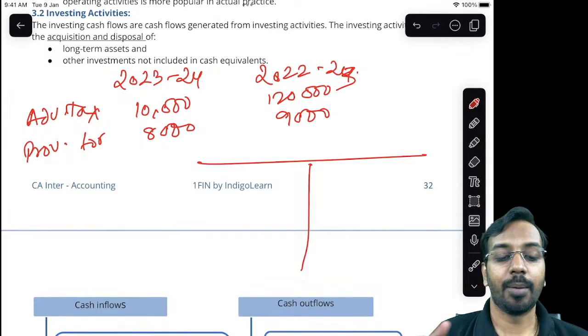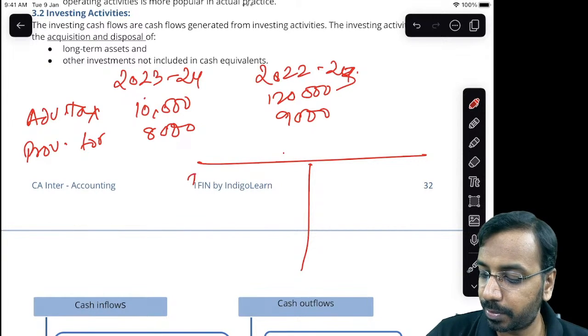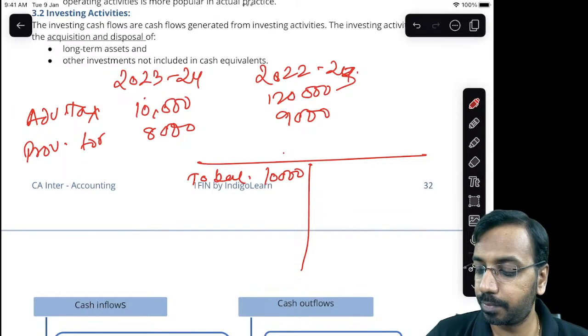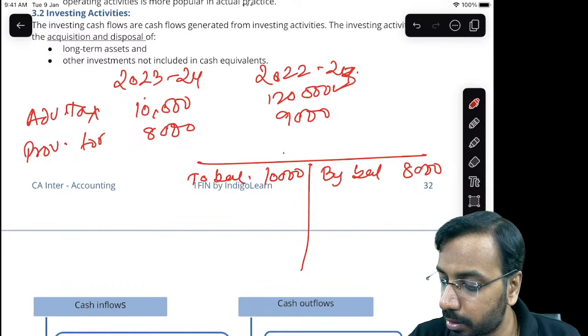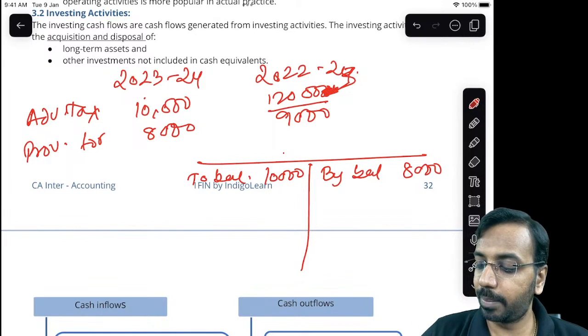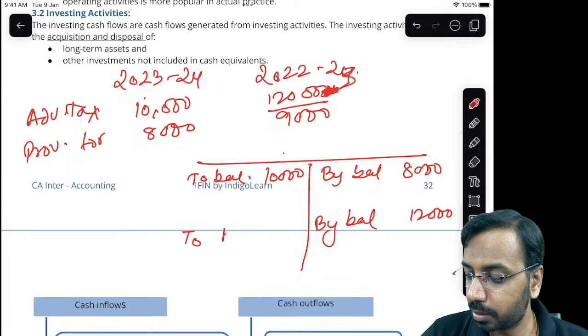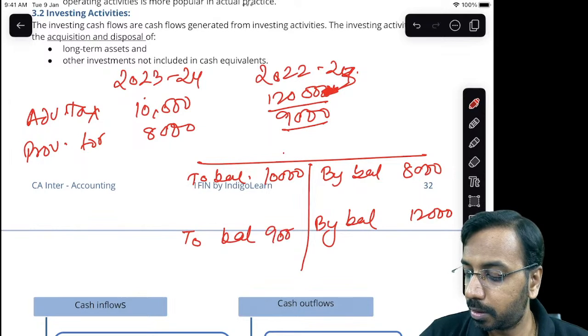What I suggest is prepare a combined tax account. So advance tax, to balance, because it's a debit balance, 10,000. Provision for tax, by balance 8,000. Then this is the closing balance 12,000. To balance 9,000.